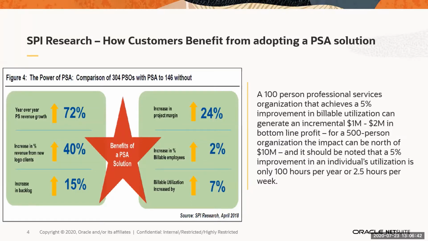So all of these things drive money straight to the bottom line and increase the profitability of companies. On the right-hand side, you can see an example of an organization that they talk to, and you can see the types of savings and the type of profitability that they drove.